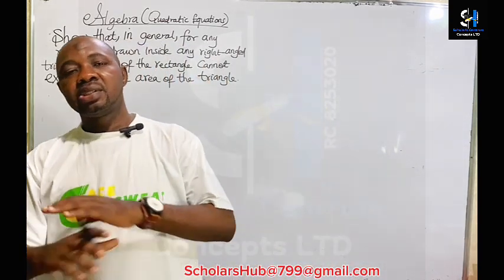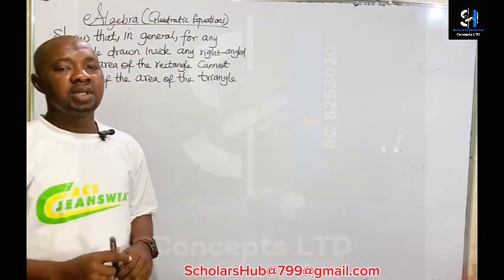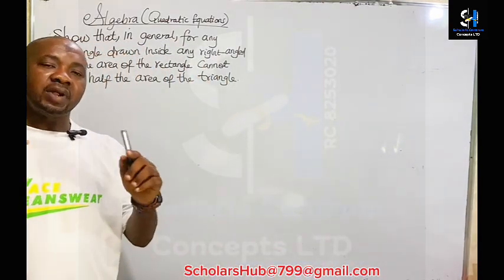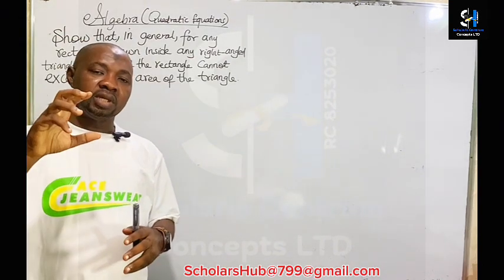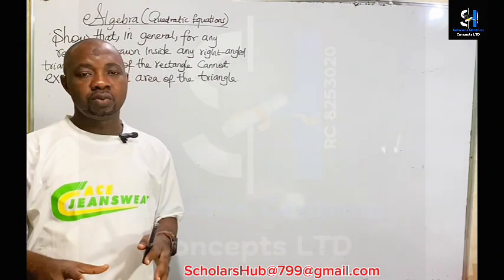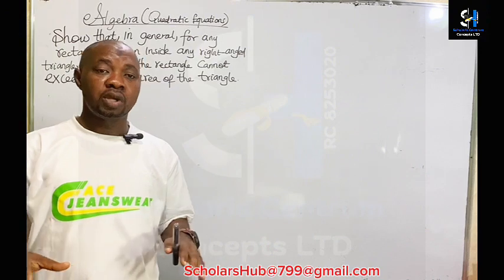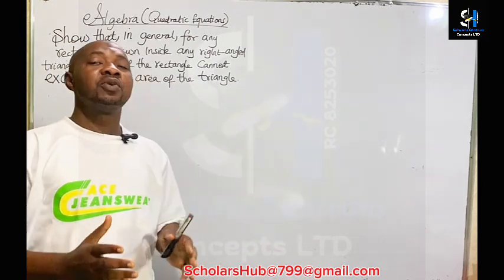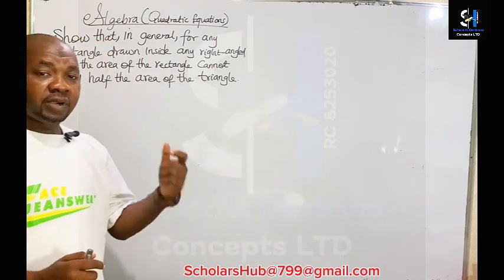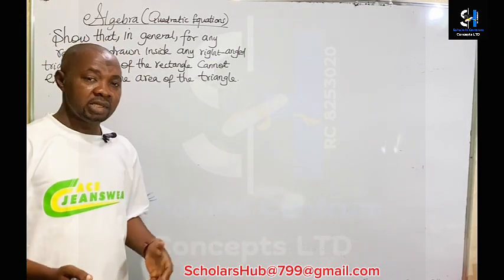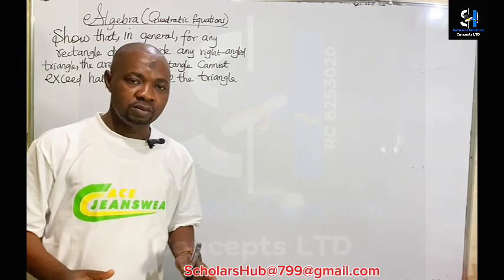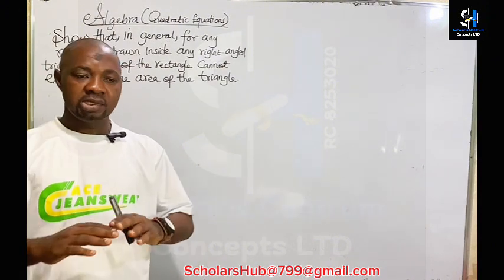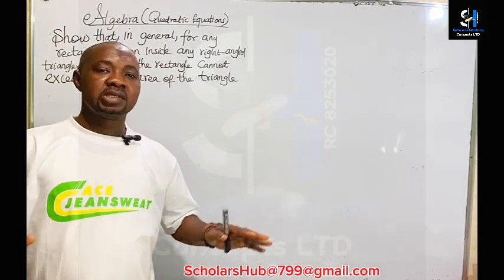This is a general case: anytime we have a rectangle drawn in any right angle triangle, the maximum area of the rectangle will not exceed the area of the triangle. Yes, it's a general fact.